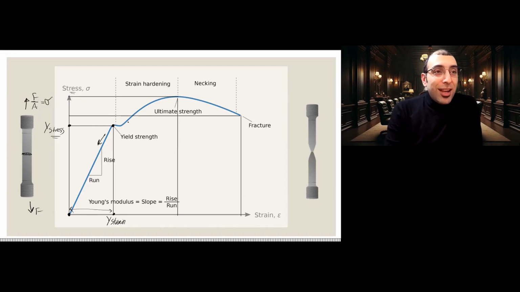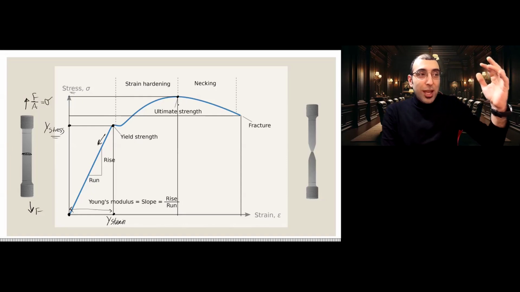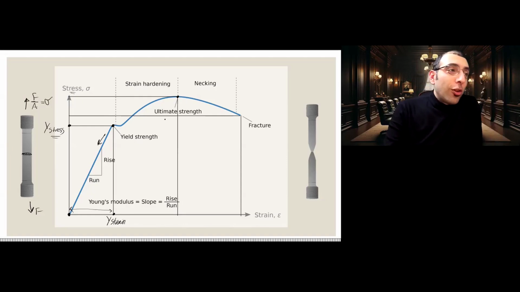So after entering plastic deformation, it will go maybe a little bit on the flat line, and then it starts to increase. And then we get to the top of the stress strain curve. The highest point on the stress strain curve, we call ultimate strength.